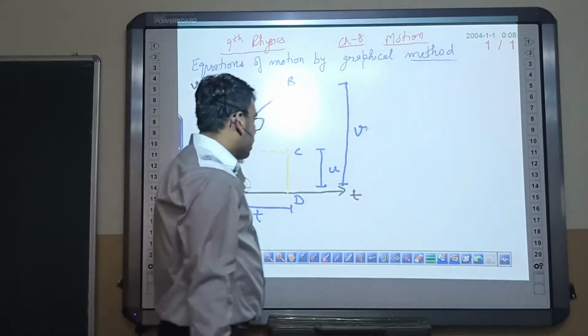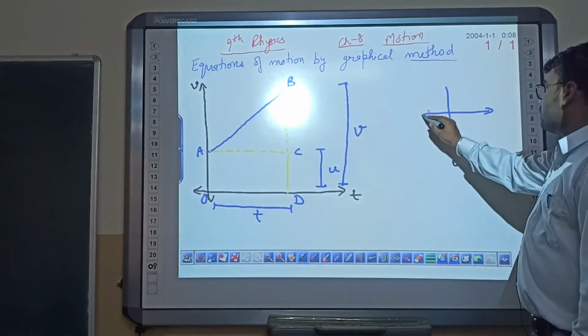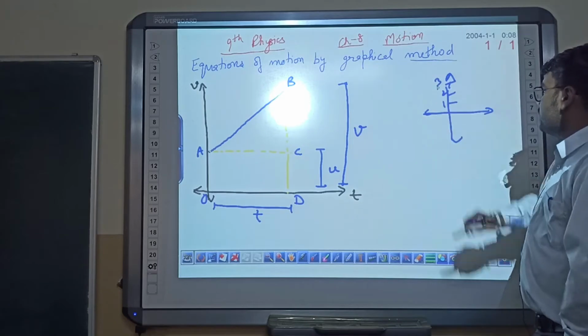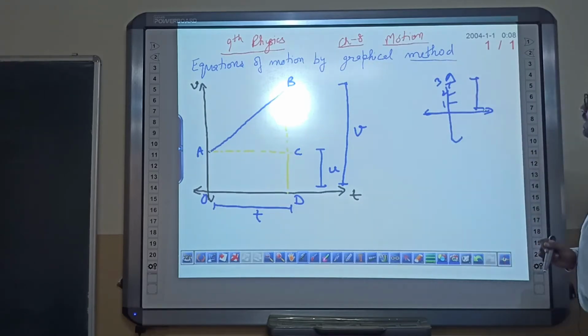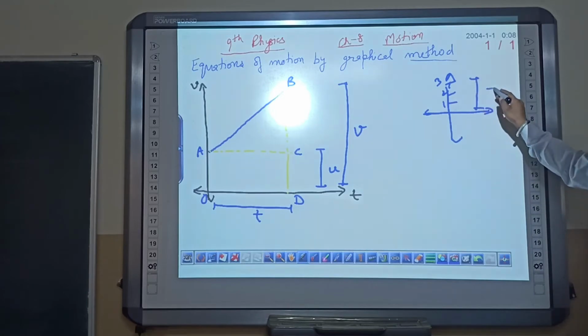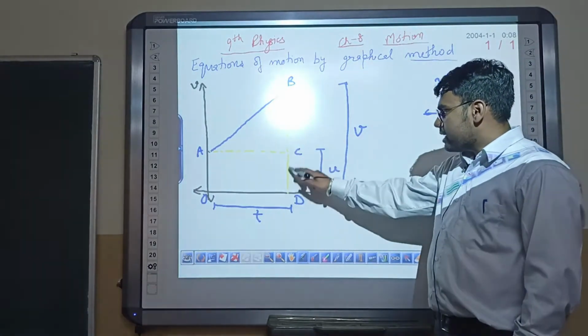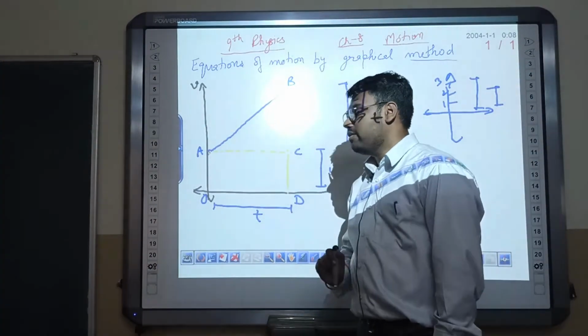Let us discuss it. How? Let us say we have a graph. This is our graph sheet. So this is 1, this is 2, this is 3. If I say what is the height of this length, the answer will be 3. What is the height of this length? It is 2. Similarly, I have taken this height as u. That means the object is starting with some initial velocity u.